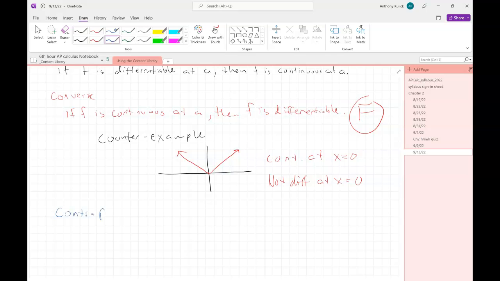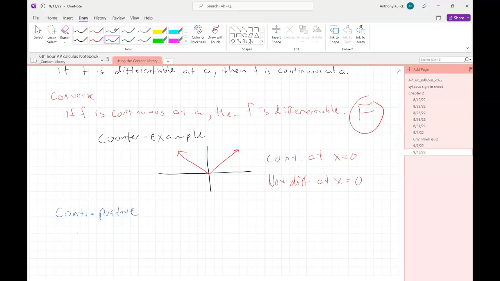What if we talk about the contrapositive? Remember what the contrapositive means from geometry? I want to make sure you know. You both negate and you flip. So the inverse is the negation of the statement. The converse is the flip of the if-then. The contrapositive is both.